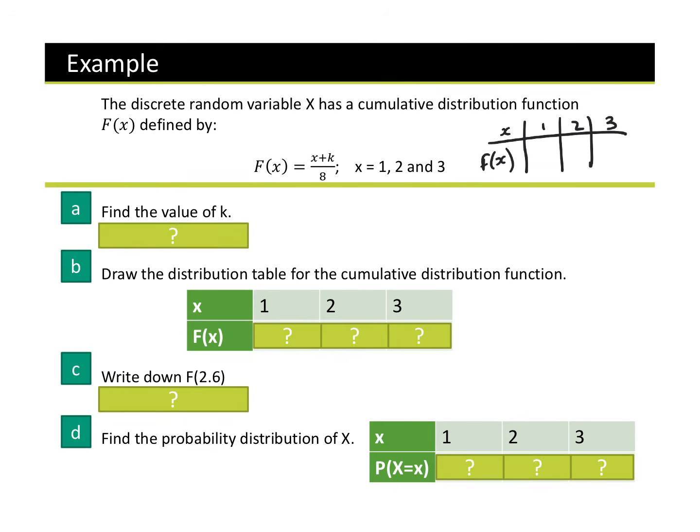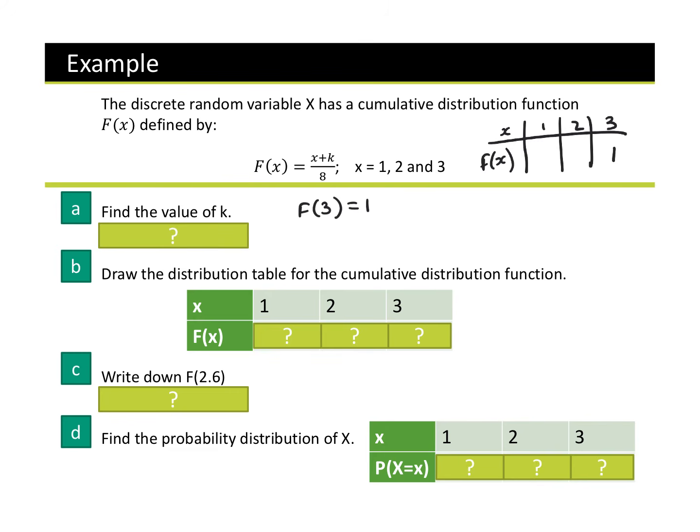Now, we know the last value of F is going to be a whole 1. Why? Because it's certain, because it's cumulative frequency. Remember back in GCSE where we'd say we took the weight of 100 people, and when you did your cumulative frequency, what should they all add up to? 100. So, knowing this fact, you then know that F of 3 equals 1.